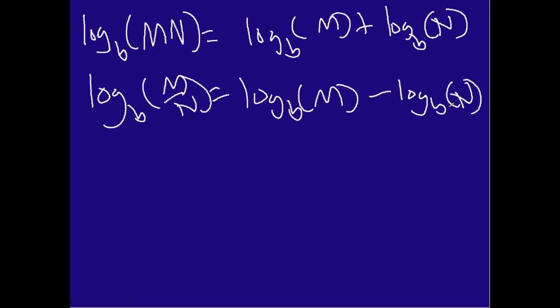Just to make sure this is clear, let's do an example. Let's say we have log base 3, our favorite base, of the quantity 27 over 9. Just work with the argument.